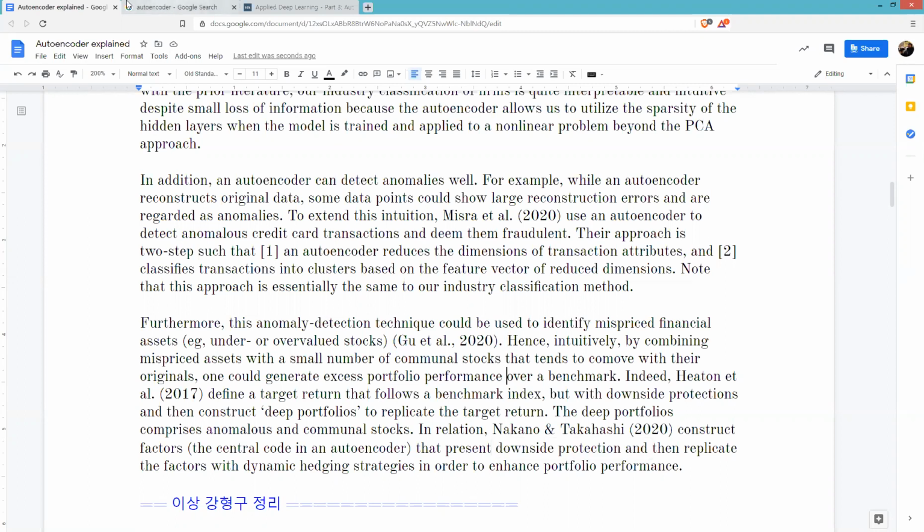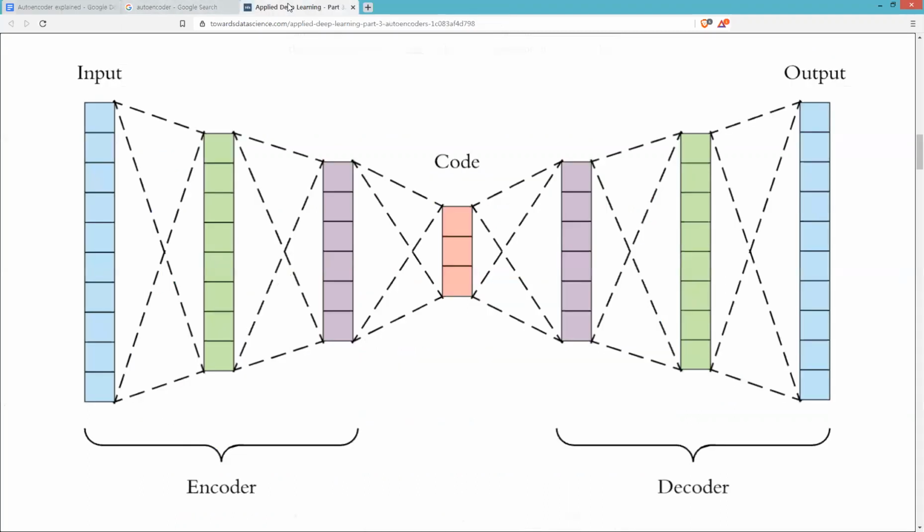Again, the idea is simple. Each stock has a lot of attributes. So again, we have data about stocks, each stock as input, and we have an output about the stocks. And then by comparing the input stock data and output stock data, if they are very different, we can regard them as outlier stocks.